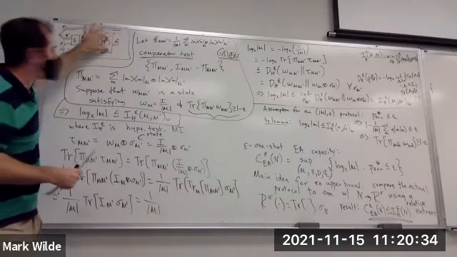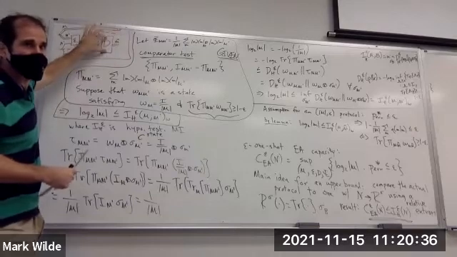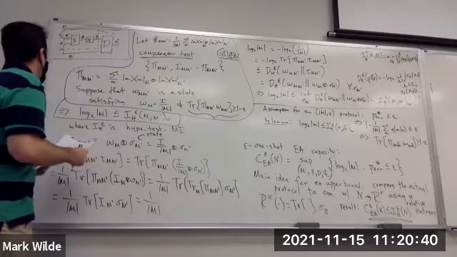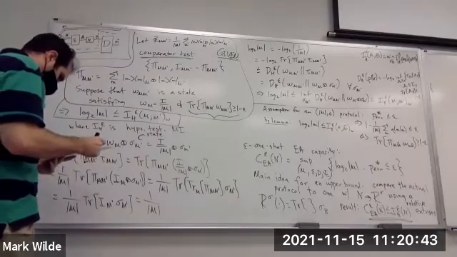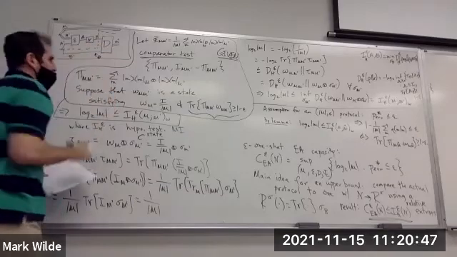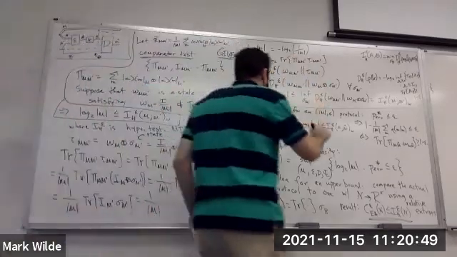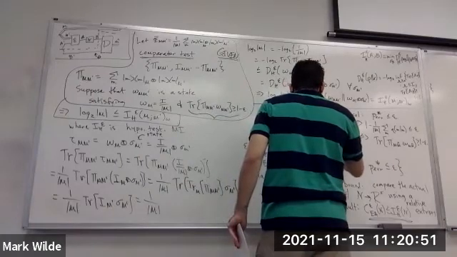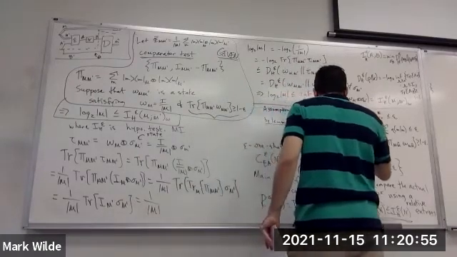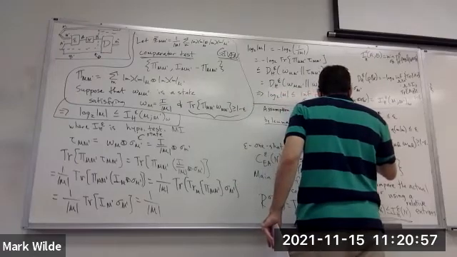And then the decoder is a local channel that goes from here to here. So let's call this state in the protocol here theta. Then using data processing under local channels, we get this.